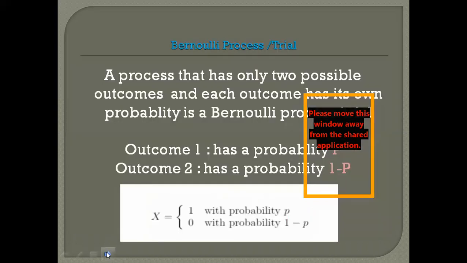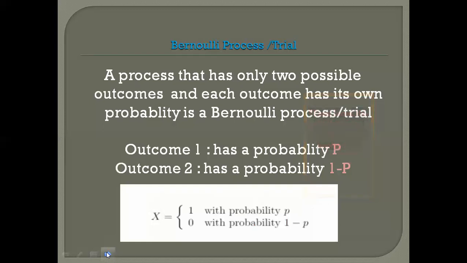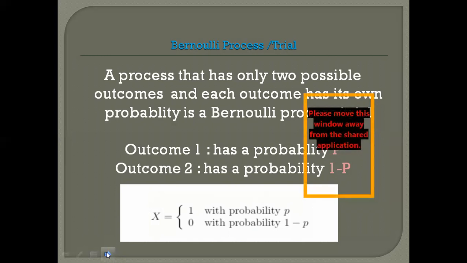Then we want to move to another concept that's called the Bernoulli concept, or Bernoulli process, or Bernoulli trial. Now, what's a Bernoulli trial? A process that has only two possible outcomes. Again, an example is a coin, which has only two possible outcomes, a head and a tail.